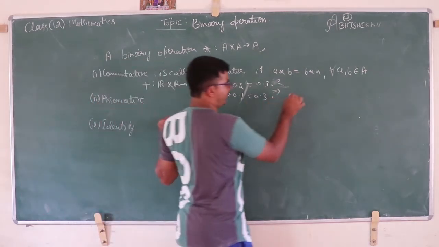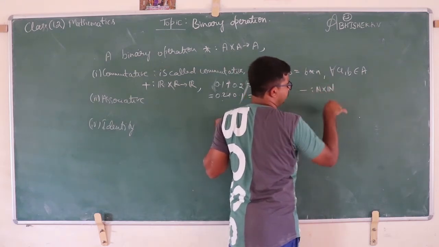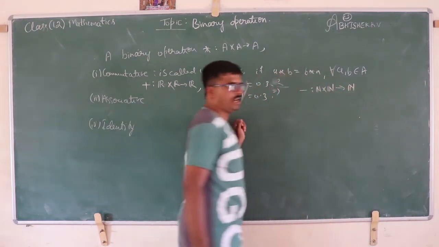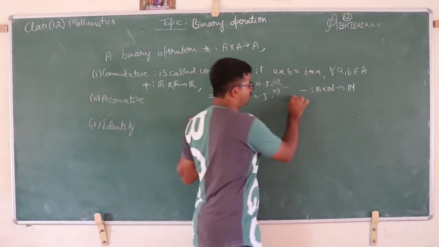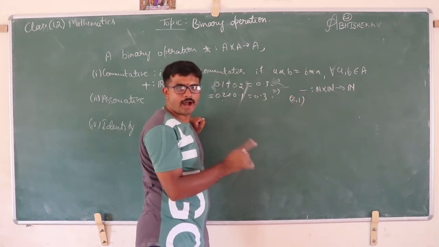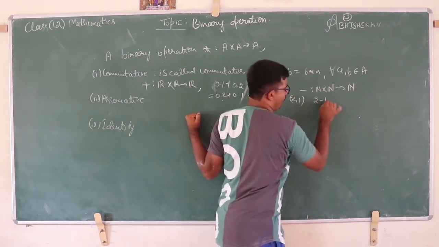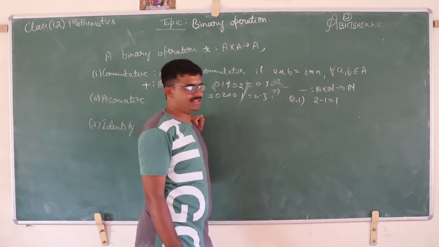See, if you consider subtraction from N cross N to N, the set of natural numbers cross natural numbers to natural numbers. If you consider 2 comma 1, here the operation is subtraction. What is 2 minus 1? It is equal to 1.